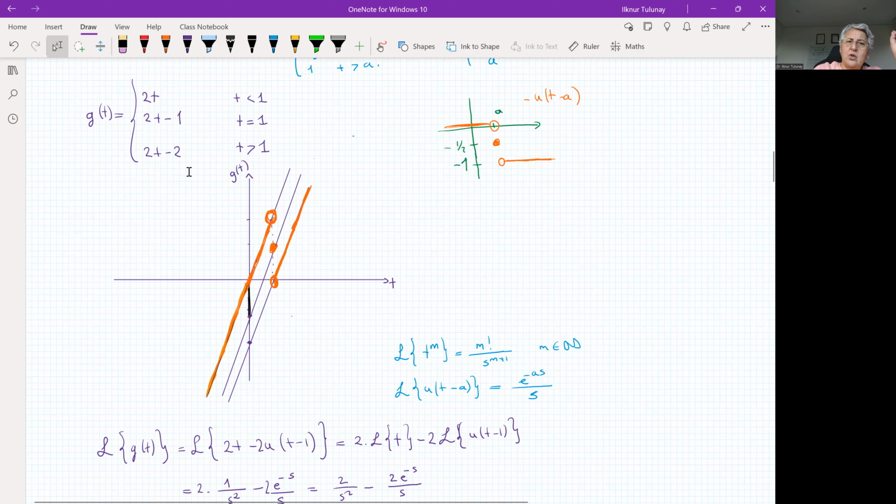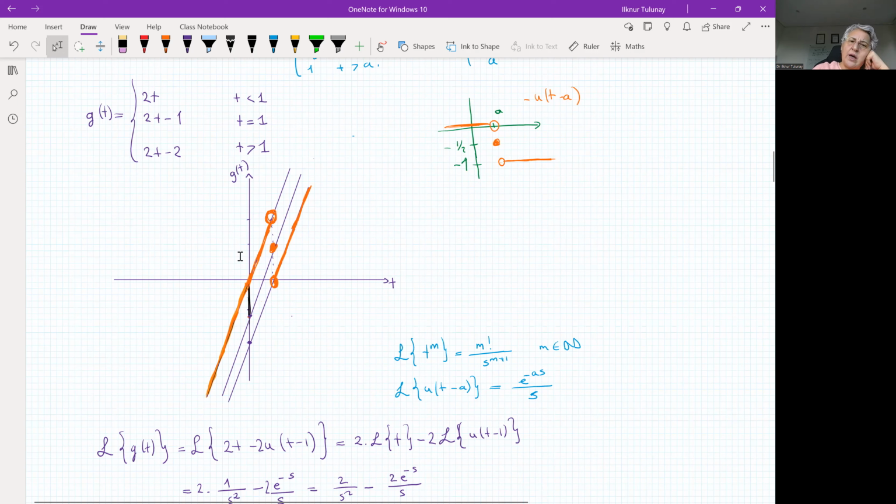And 2t minus 2 is the line that passes through minus 2. Well, my drawing is not perfect, but these three lines are parallel. This one passes through 0, this one passes through minus 1, and this one passes through minus 2. That corresponds to 2t, 2t minus 1, 2t minus 2.